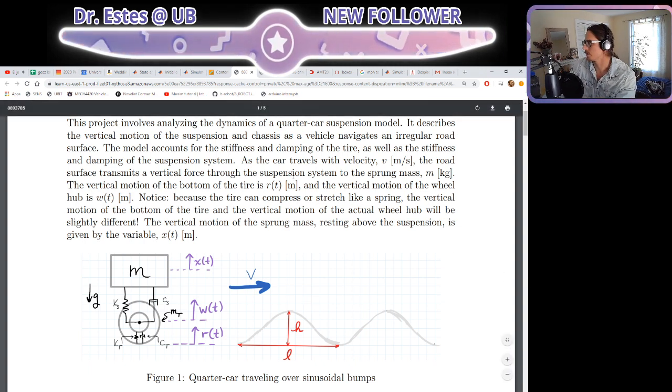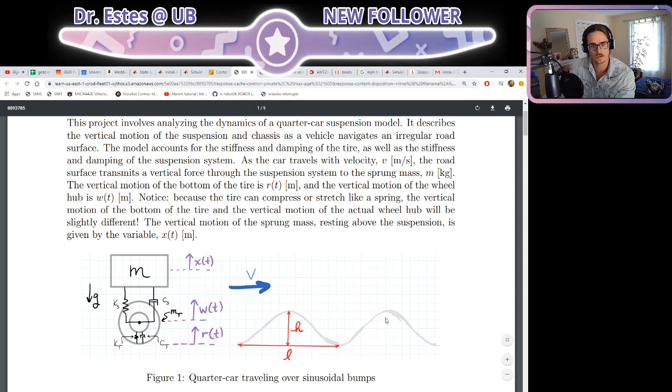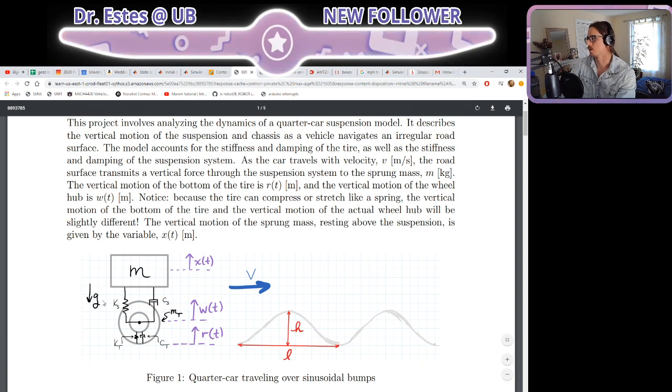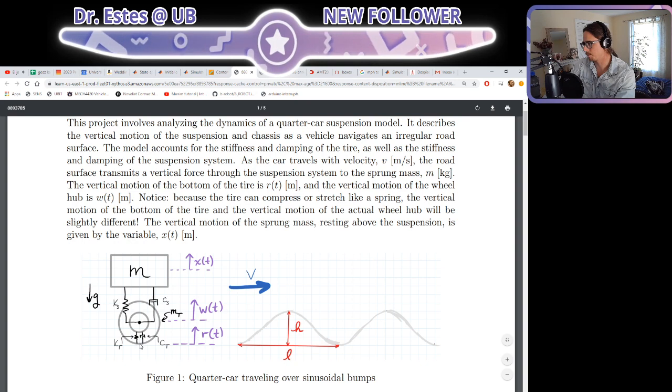As the car travels with some velocity v towards the right, it's going to encounter these sinusoidal bumpy hills. And each bump has a height h and a width L. So you can imagine what happens. The tire goes over this bump.